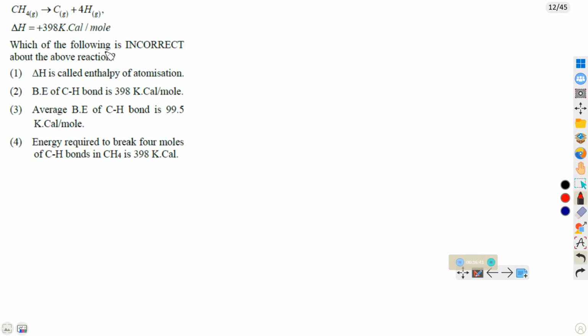Which of the following is incorrect? About the above reaction, delta H is called enthalpy of atomization. This is correct. Bond energy of C–H bond is 398 kilocalorie per mole. Wrong. In CH4 molecule, 4 C–H bonds are present.